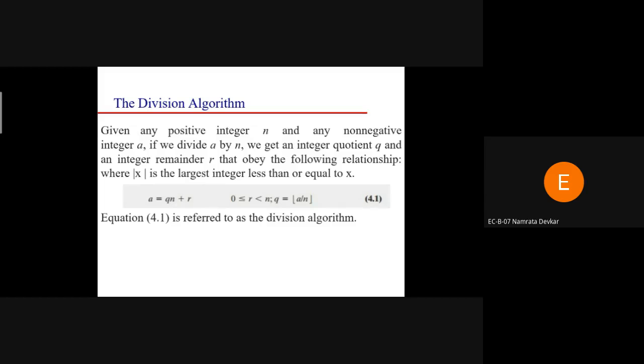So next one is the division algorithm. It is based on the concept of divisibility. The statement of the division algorithm is that for any positive integer n and any non-negative integer a, if we divide a by n, then we get an integer quotient q and remainder r.